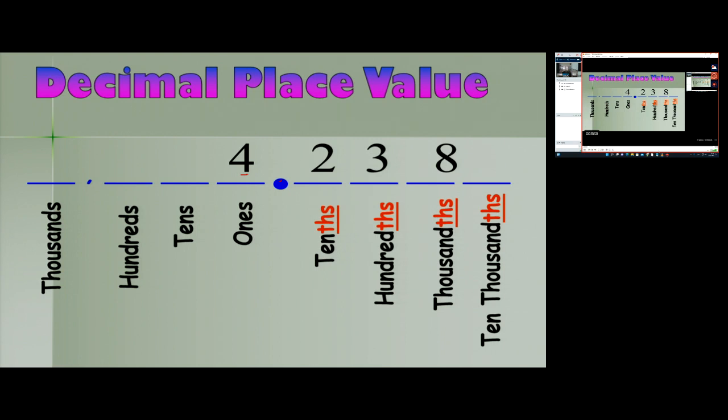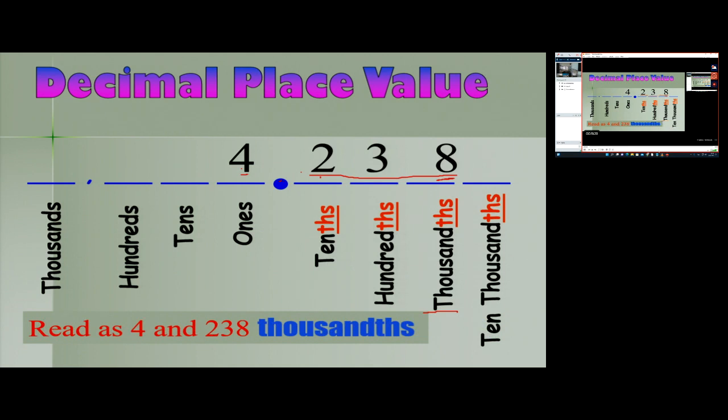What is this number? 238. Now, what is the last number, 8? And what is the place value? Thousandths. So if we are going to read this, it is 4 and 238 thousandths.